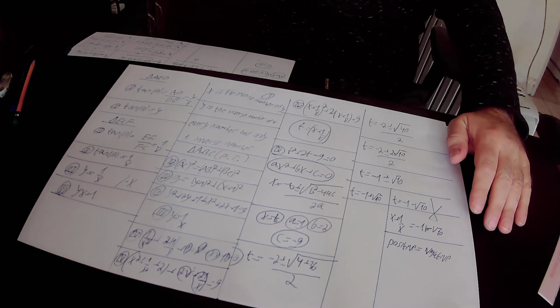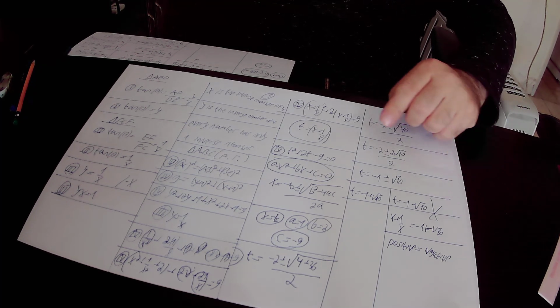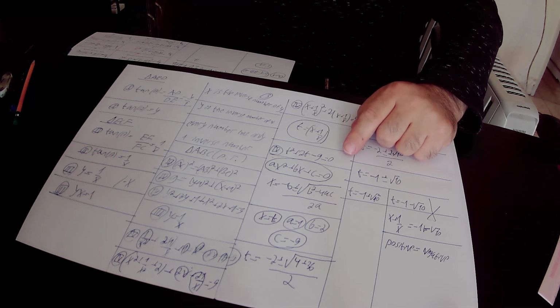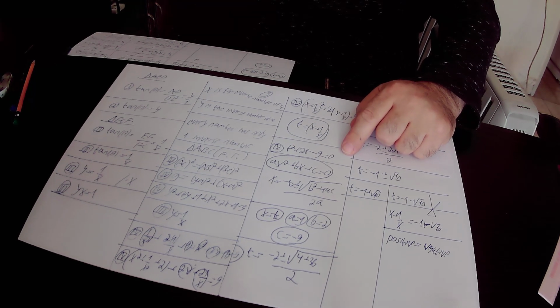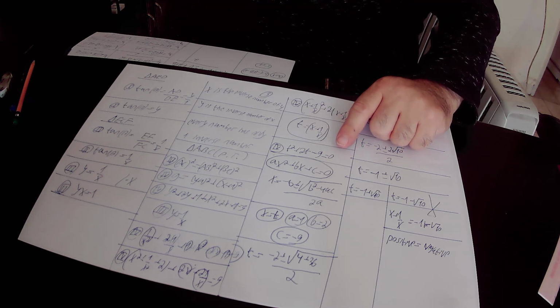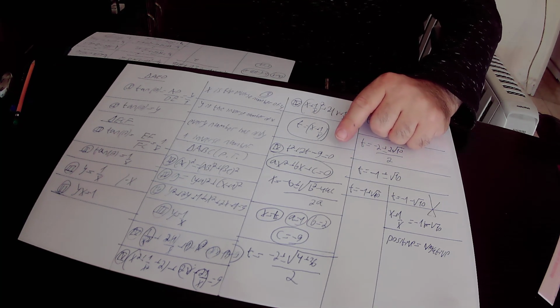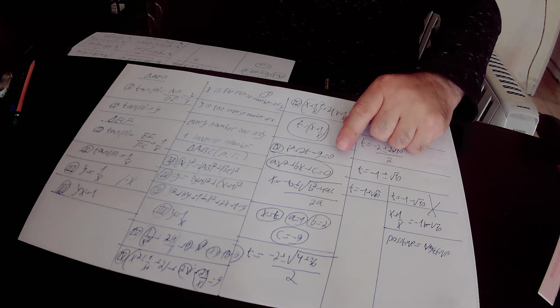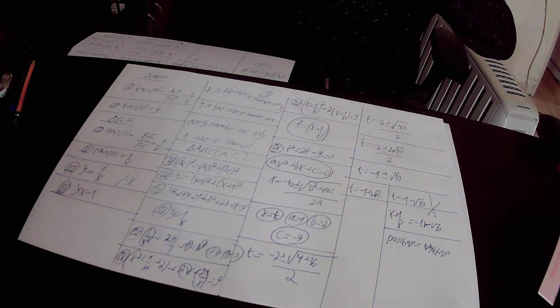In our specific quadratic equation, the variable that we are looking for is t, so x is t, a equals 1, b equals 2, and c equals minus 9.